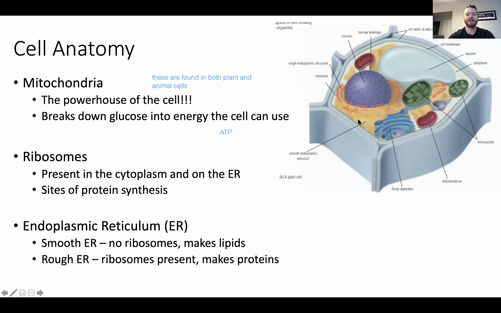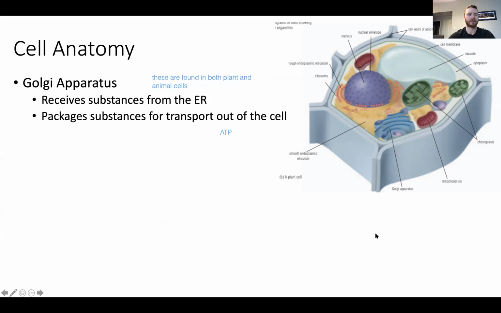These are where lipids are going to be created, and lipids do not require ribosomes to be created. Then we have the rough ER. That's where our ribosomes are going to be present, and these are going to be the sites of protein synthesis. Again, these are found in both plant and animal cells.